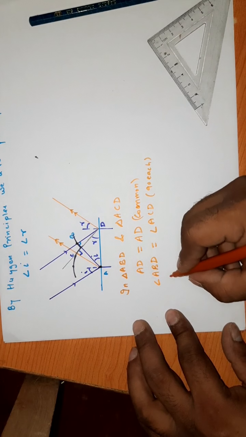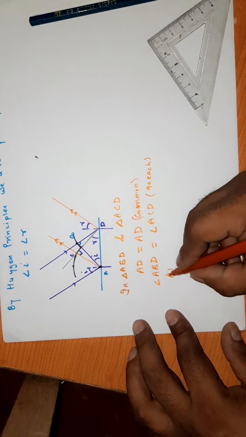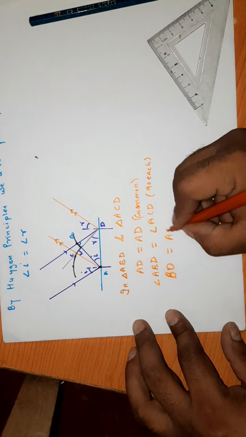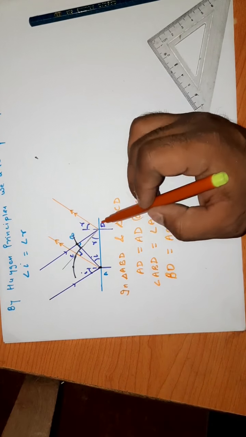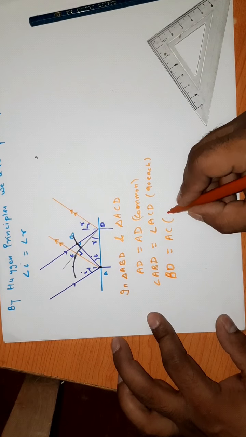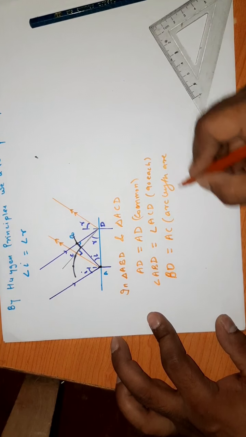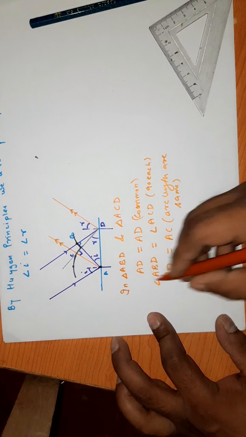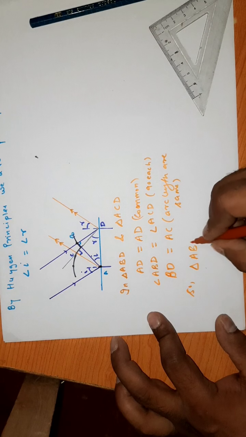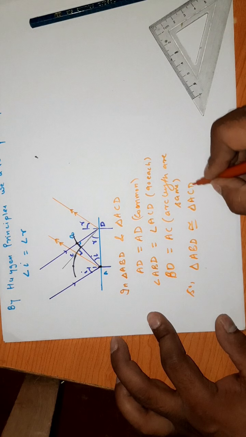And one more thing, BD is equal to AC, because the arc length BD and arc length AC are the same. So we can say that triangle ABD is congruent to triangle ACD.